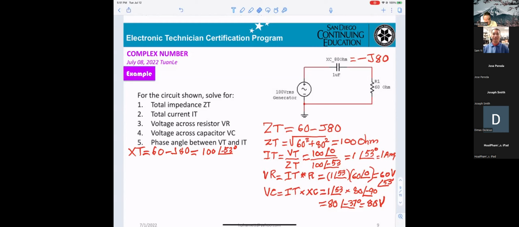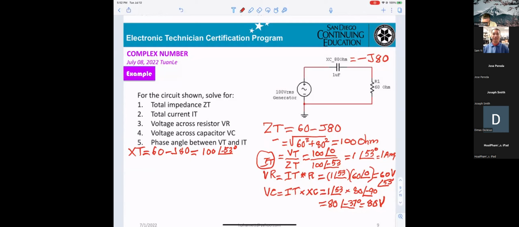Theta equals arctan of minus XC over R. However, if you're using the complex number, then just look into the one we already calculated. IT is 1 ampere at a phase of 53 degrees.